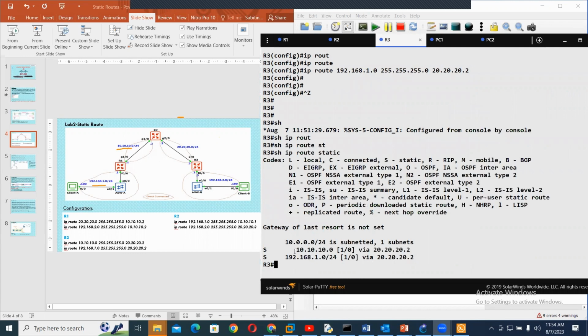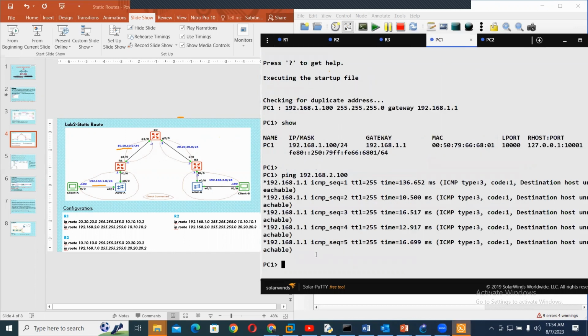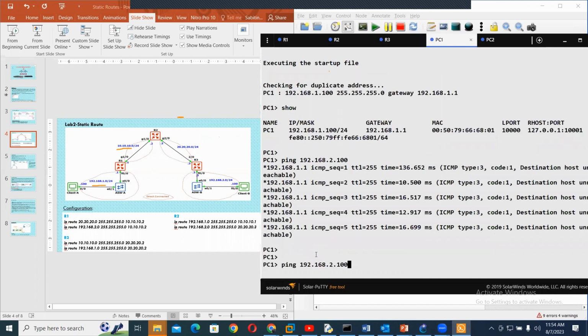Okay, now to reach this network, we have to pass through .2. At the same time, to reach this network, we have to pass through .2.